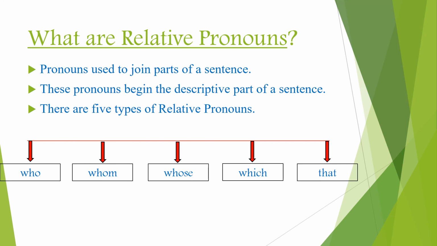These pronouns begin the descriptive part of a sentence. And there are 5 types of relative pronouns, which are who, whom, whose, which, and that.